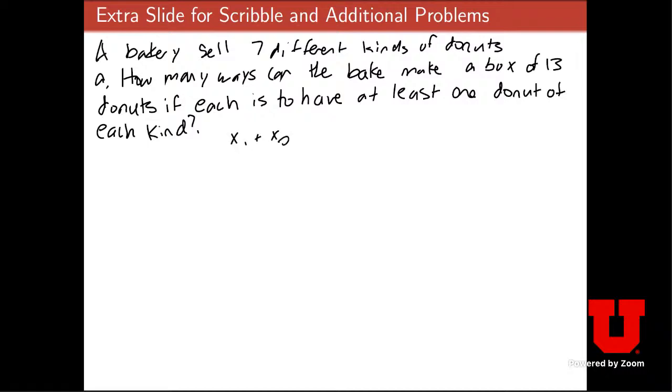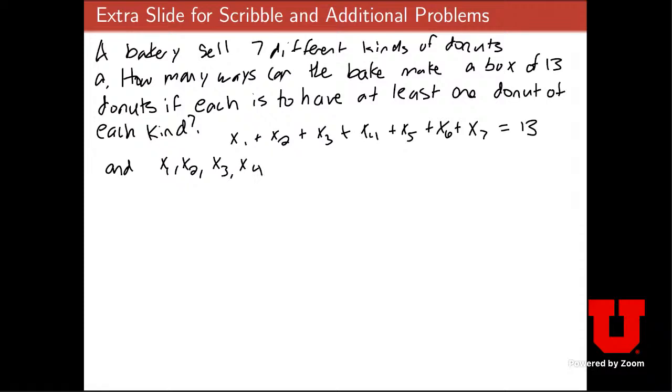So like x1 would be the number of plain donuts in addition to the one that must be in the box. Since we're having at least 7 donuts, then it should be equal to 13 minus 7, which is 6. So x1 prime plus all the way up to x7 prime is equal to 6. And then you count the number of non-negative solutions to that.